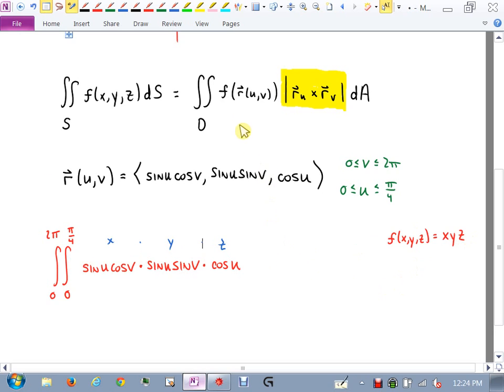And then this yellow part, which is sine U. And then dA, which for us, make sure we get this right over here, was dV du. Oh no, du dV.